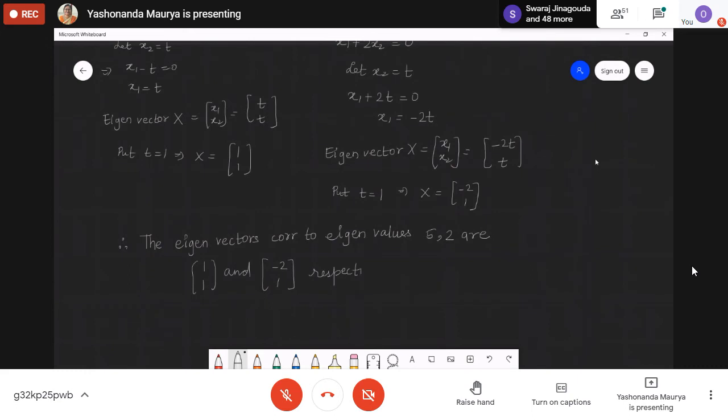This word respectively is very important. What is the meaning of this? For this 5, it is this vector. For this 2, it is this vector.